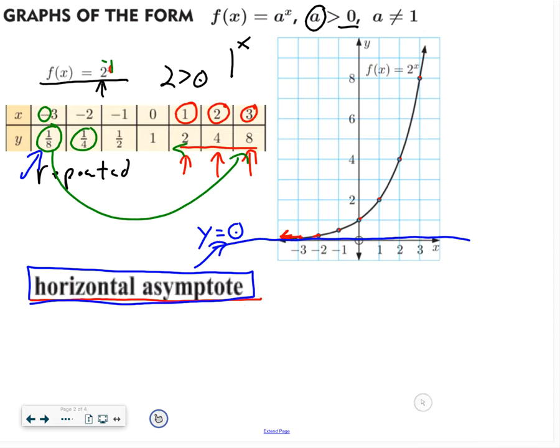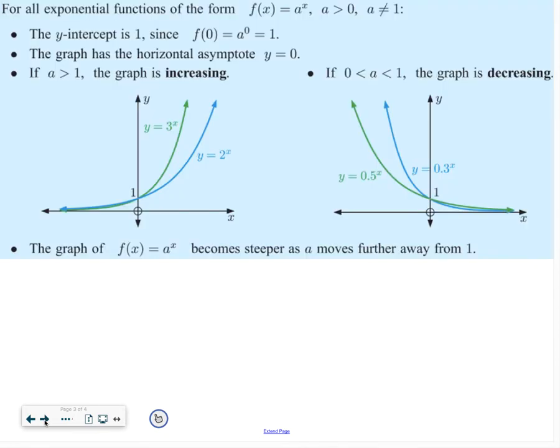Let's look at some generalizations. We have two types of functions when we're dealing with exponential functions. One, when the graph is increasing, we typically call this a growth function, because our values are increasing as we go from left to right. That happens when our a value is greater than 1.